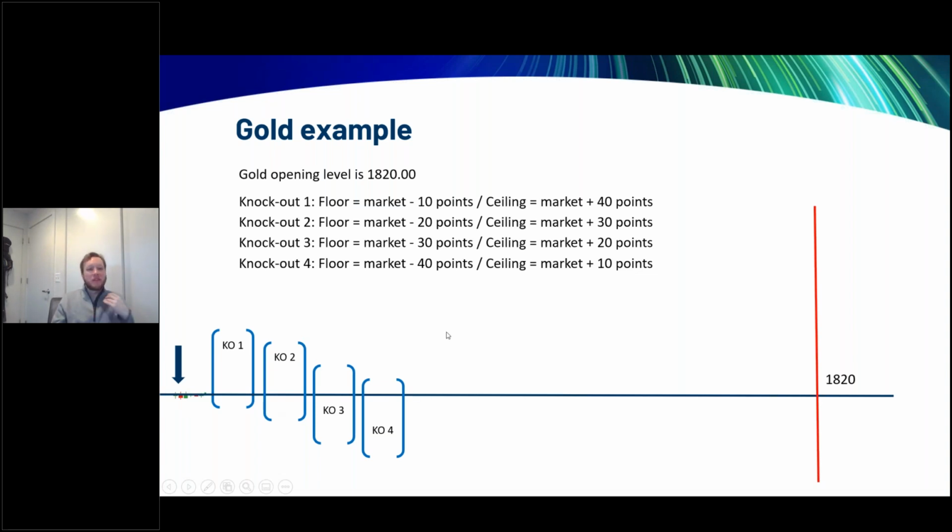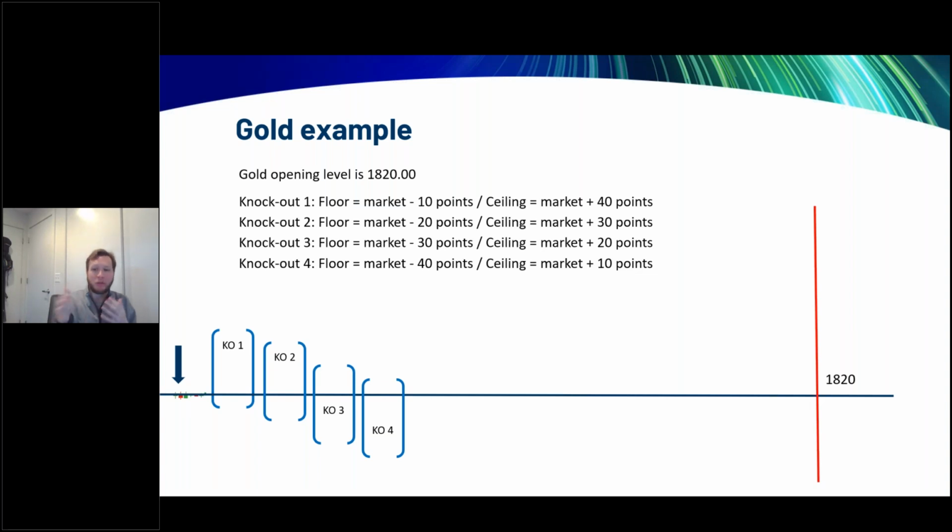So in this scenario, gold is trading at 1820. And basically how the knockouts are listed is you're going to have them listed right around that gold point. For knockout number 1, the floor is going to be the market minus 10 points, and the ceiling is going to be market plus 50 points. So you're going to have this 50-point range, and our gold contracts are actually $500 contracts, so a 0.1 movement in gold is going to be a $1 movement.